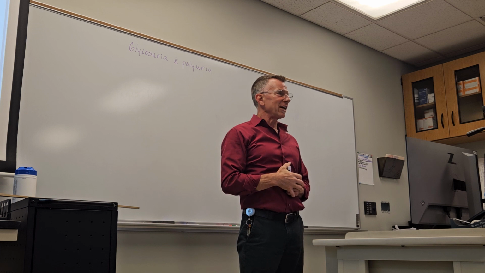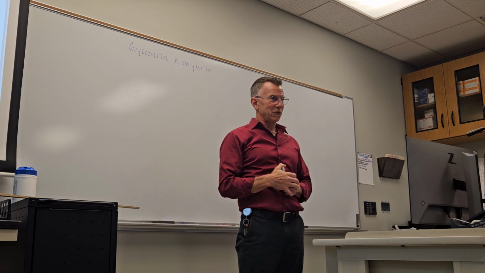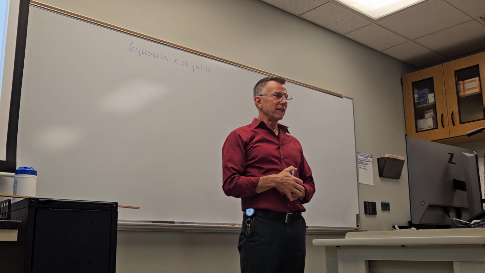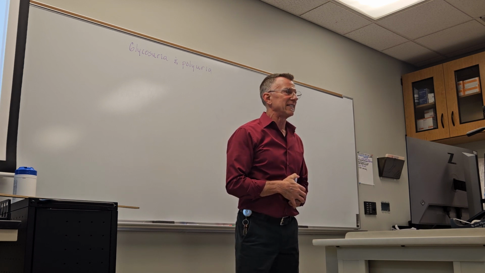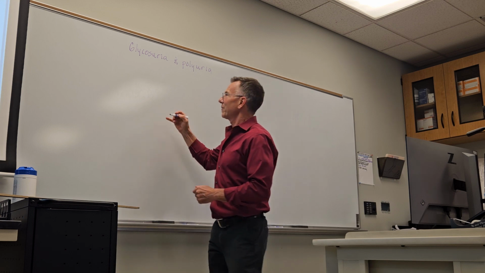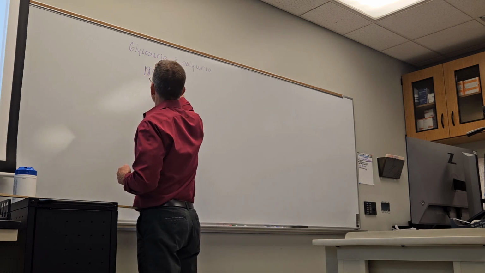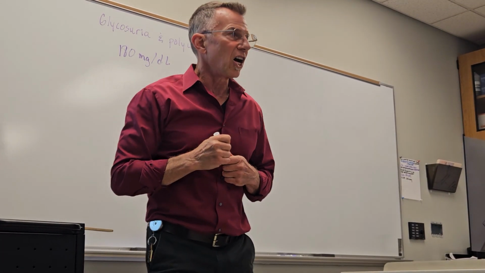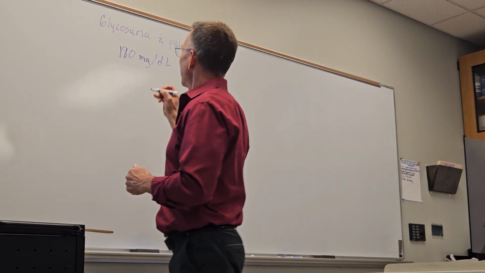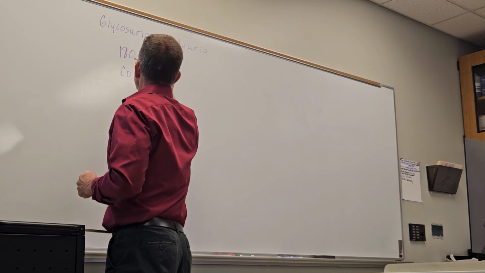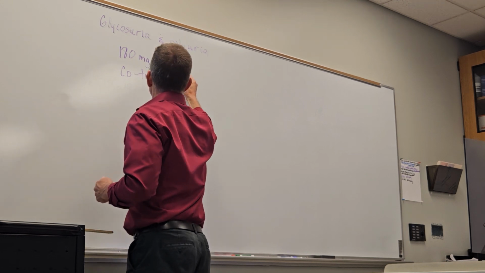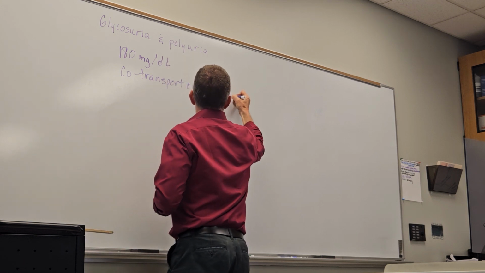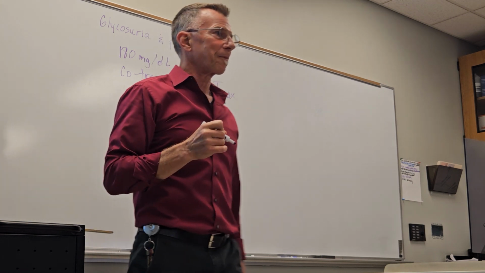Explain the physiological mechanisms of glycosuria and polyuria to me. When blood glucose levels exceed 180 milligrams per deciliter, the co-transporters meet their transport maximum.